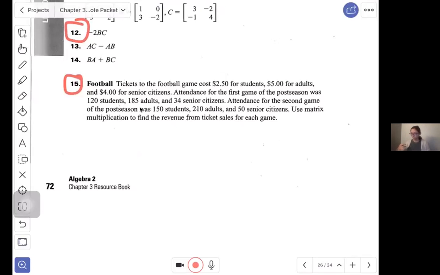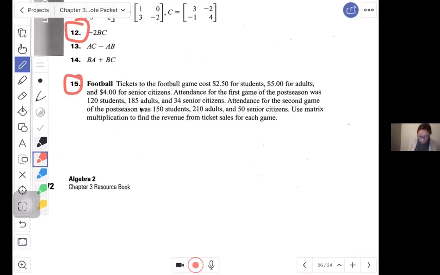So we are going to think about this with two equations. We have the first game, and then we have the second game. So we also have students, adults, and senior citizens.